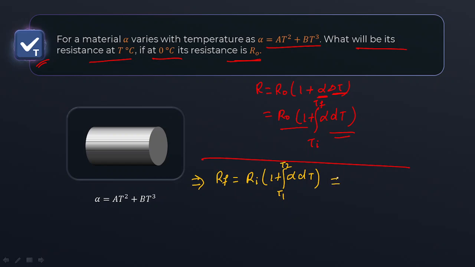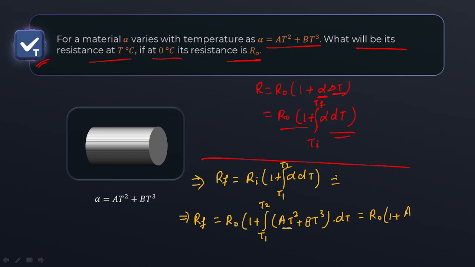So R final equals R naught into 1 plus the integration from temperature T1 to T2. Alpha is now how much? A T square plus B T cube into dt. If you do the integration, it will be R naught into 1 plus, now integration of A T square, can I write it as A T cube by 3 plus B T4 by 4?